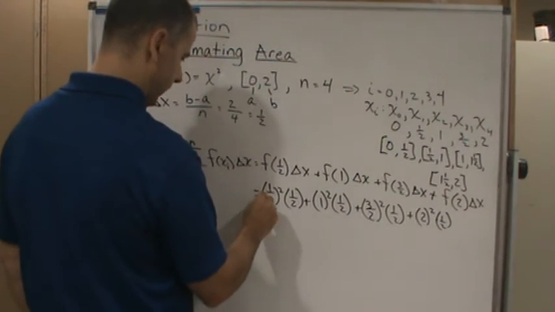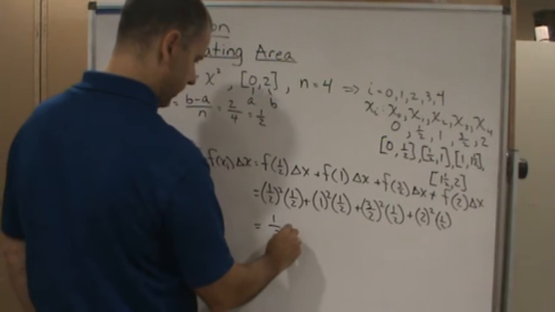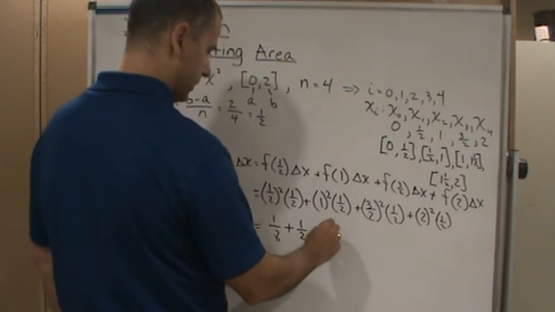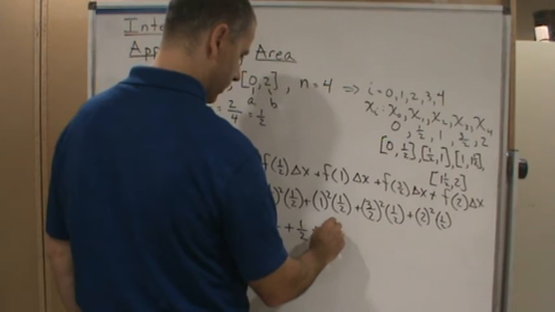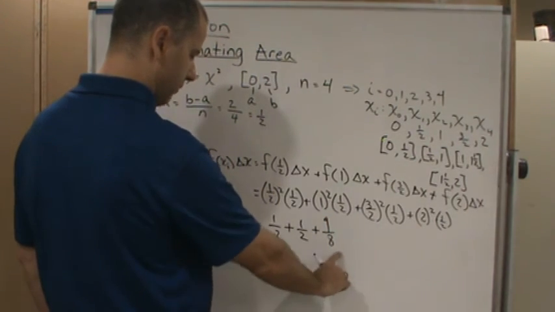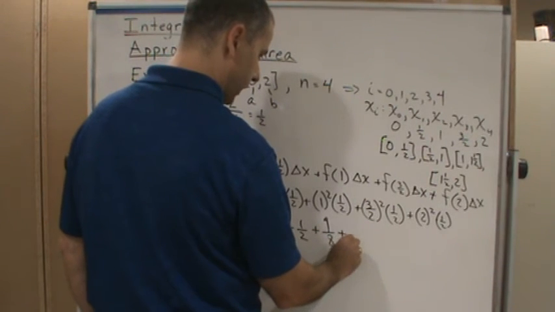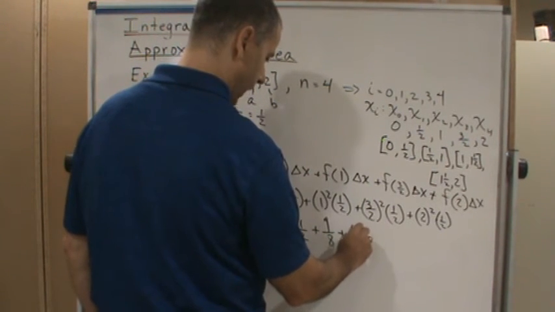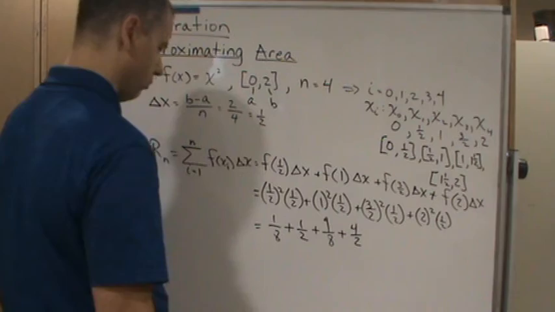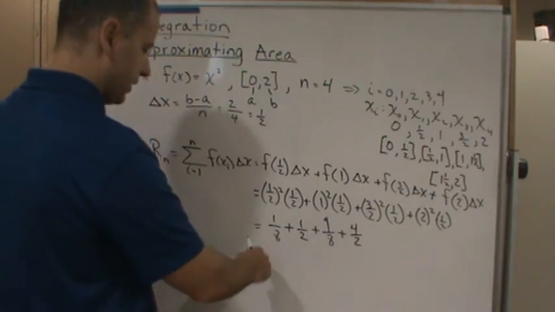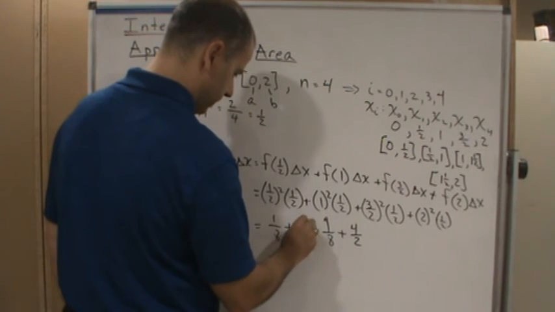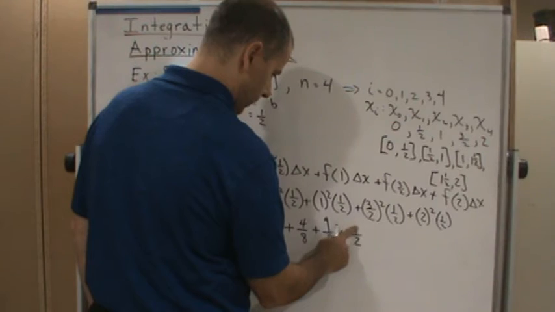And so this is going to equal 1/8 plus 1/2 plus 9/8. The three middle ones are the same as before. And now I have plus 4/2, which is 2. I'm going to change these to eighths just to make it easy to add. So this is going to be 4/8 again, and this is going to be 16/8.